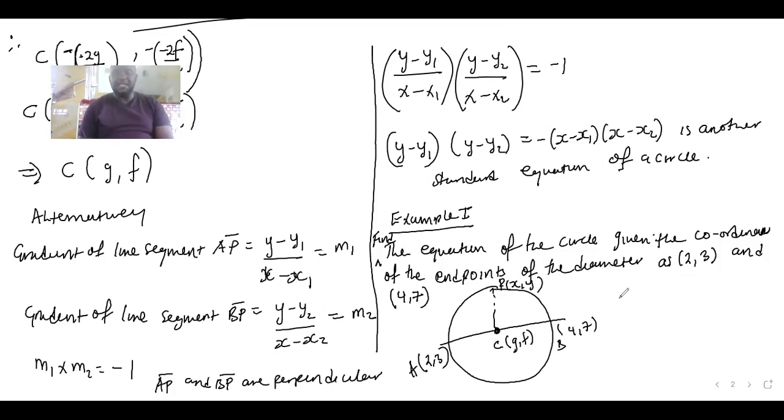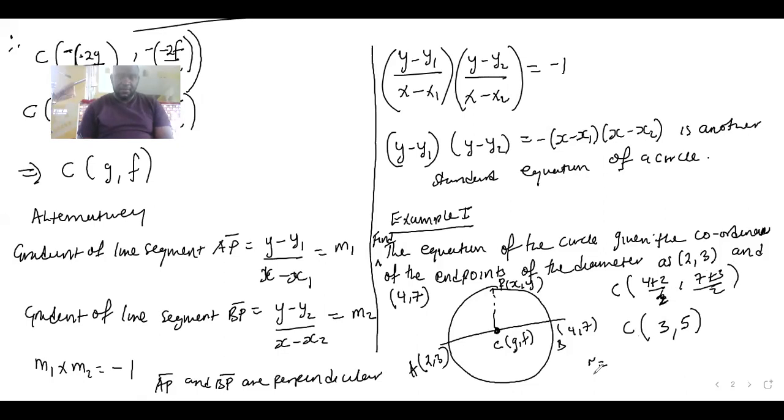First of all, the center is the midpoint, which can be realized from (4 plus 2) out of 2, and (7 plus 3) out of 2. Definitely our center would be (3, 5). So that is the center. If I've got the center, I can find the radius.